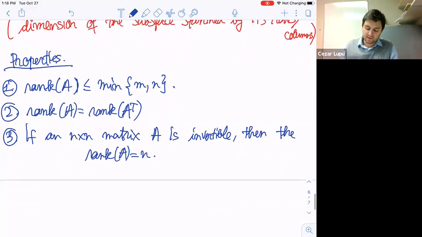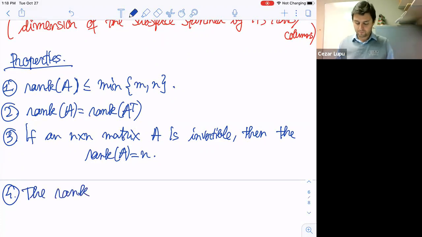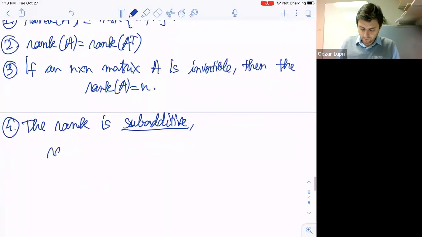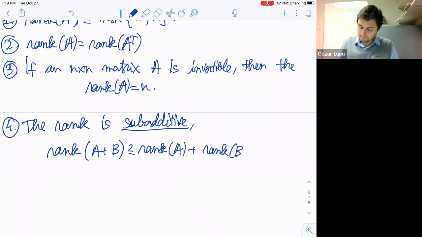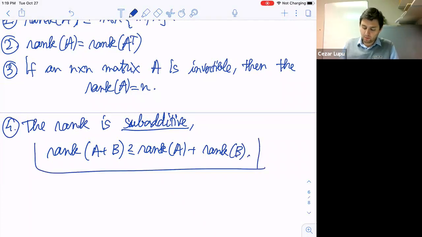Well, that's obvious. And now let's see two more properties. Well, okay, so the rank is subadditive, right? Which means that the rank of A plus B is less or equal than the rank of A plus the rank of B. So that's a very important inequality.